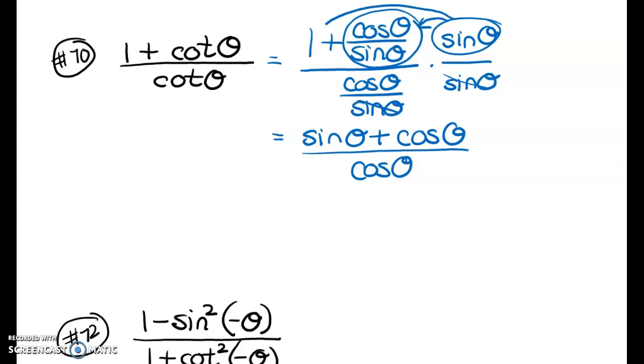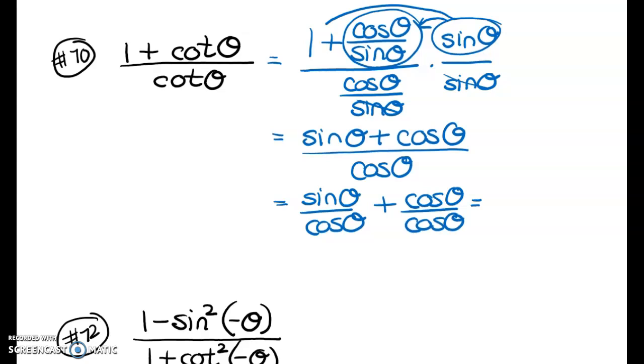All right, so it says I'm not allowed to have any quotients. So I'm going to split this fraction up into two fractions. Both of these are being divided by the cosine of theta. And then I know that sine of theta over cosine of theta is tangent of theta.